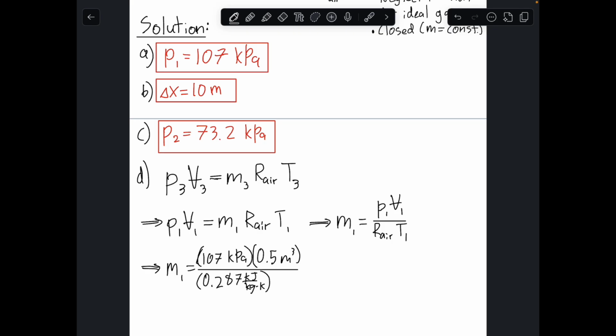So here I'm going to use this because the kilojoules will cancel with the kilopascals. But if you wanted to, you could also just use pascals and then joules per kilogram Kelvin. So then that would be 287 joules per kilogram Kelvin. So you can do it either way if you're remembering the value.